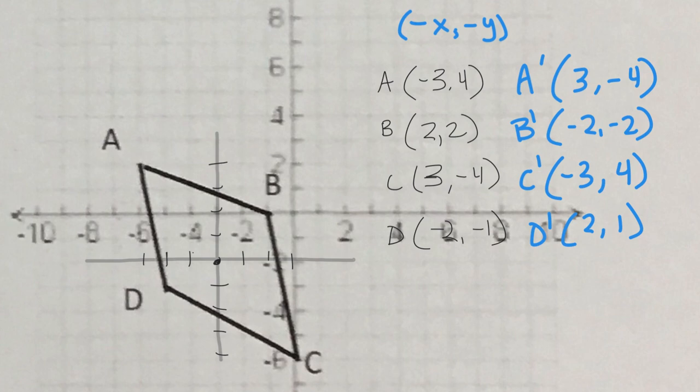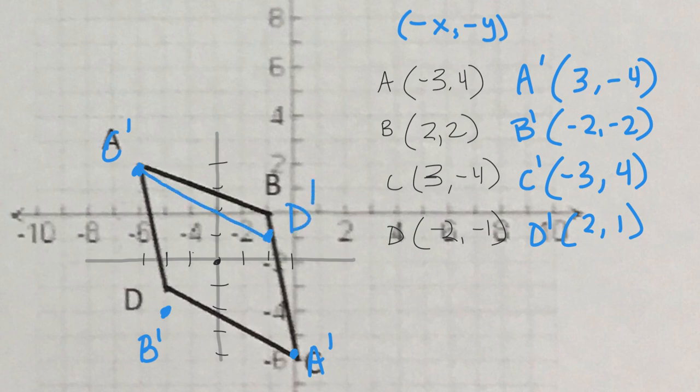So (3, -4) means A is down here. (-2, -2) is over here. There's your B prime. (-3, 4) is up here. Here's your C prime. And (2, 1), there's your D prime.